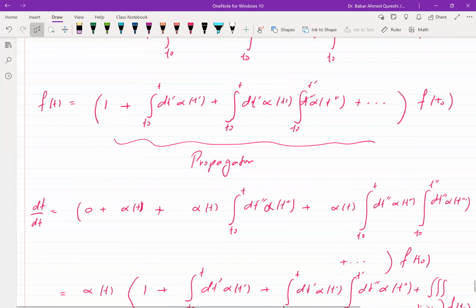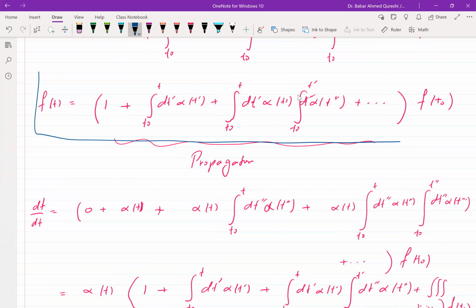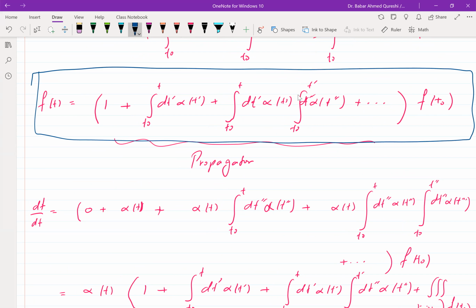This is the functional form. In general, you do not have any reason to believe that successive terms will be small, and in what sense, unless you could argue that this alpha has a small parameter in it.